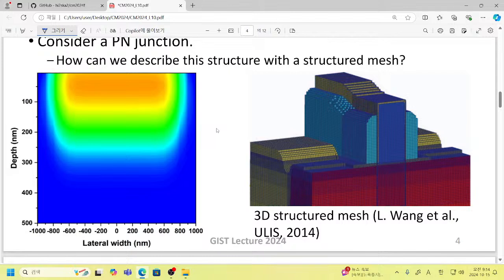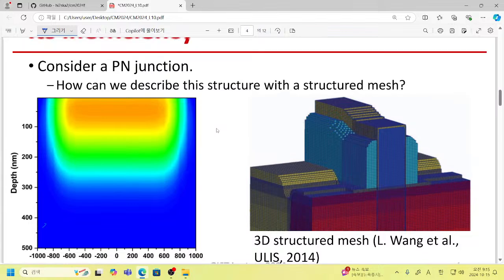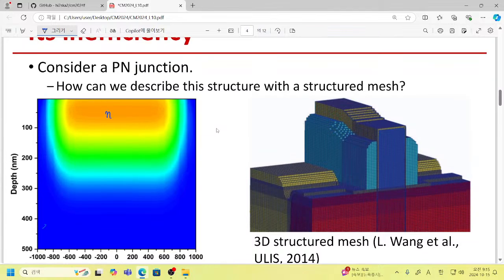Anyway, this is relatively red and this is relatively blue, and the yellow or red part corresponds to high doping density, and this blue part corresponds to relatively low doping, or sometimes this can be regarded as the n-type region, and this can be regarded as the p-type region.